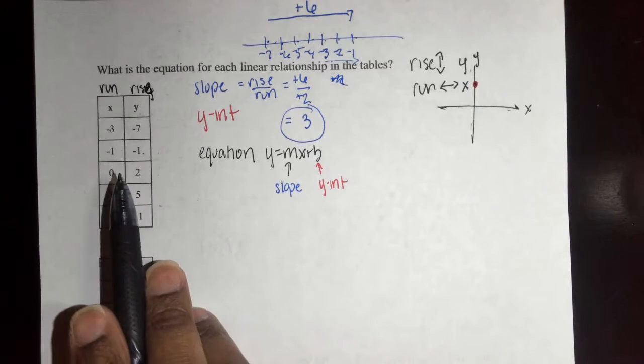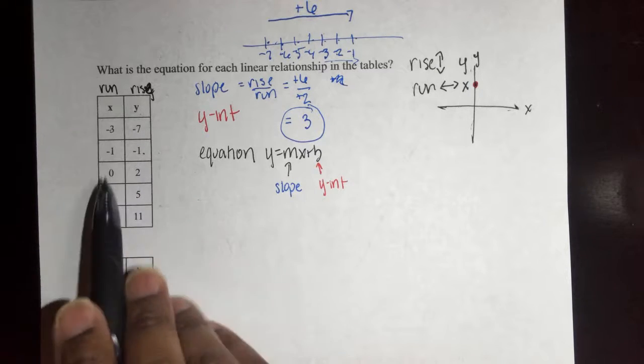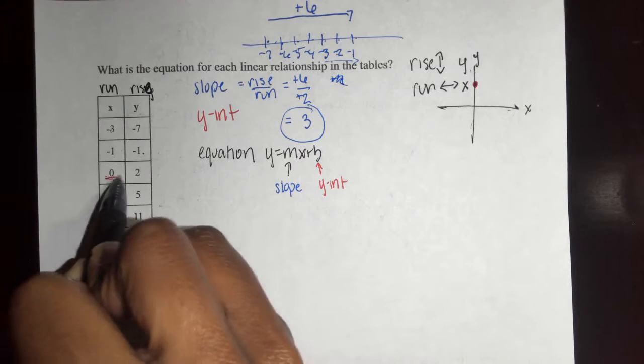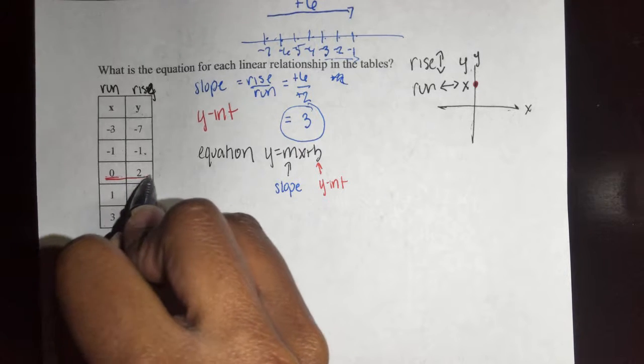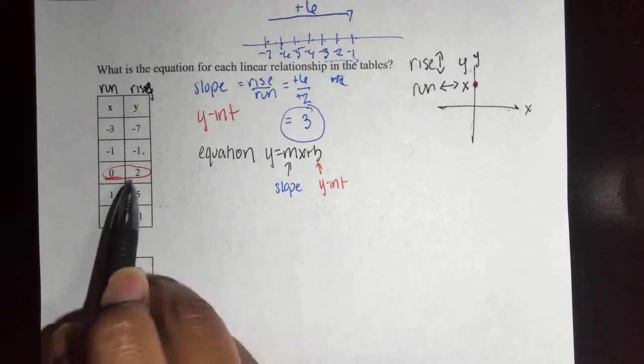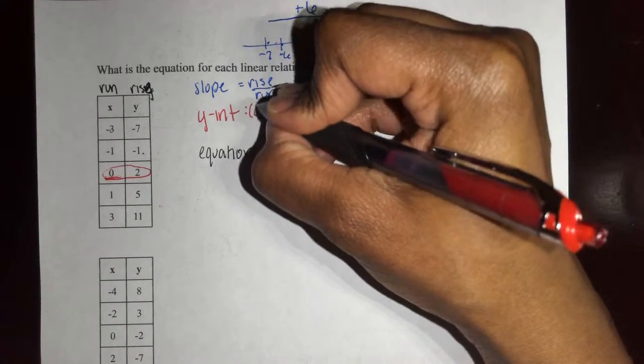When we're looking at a table, we see where we have an x value of 0. Right here we have an x value of 0. What is the y value that goes with it? Our y value is 2. So our y-intercept is (0, 2).